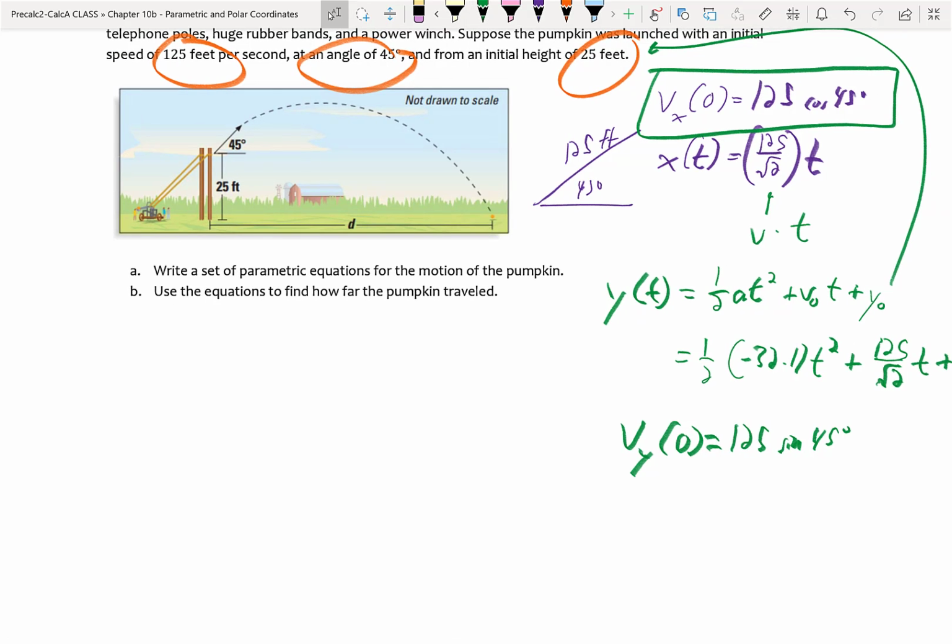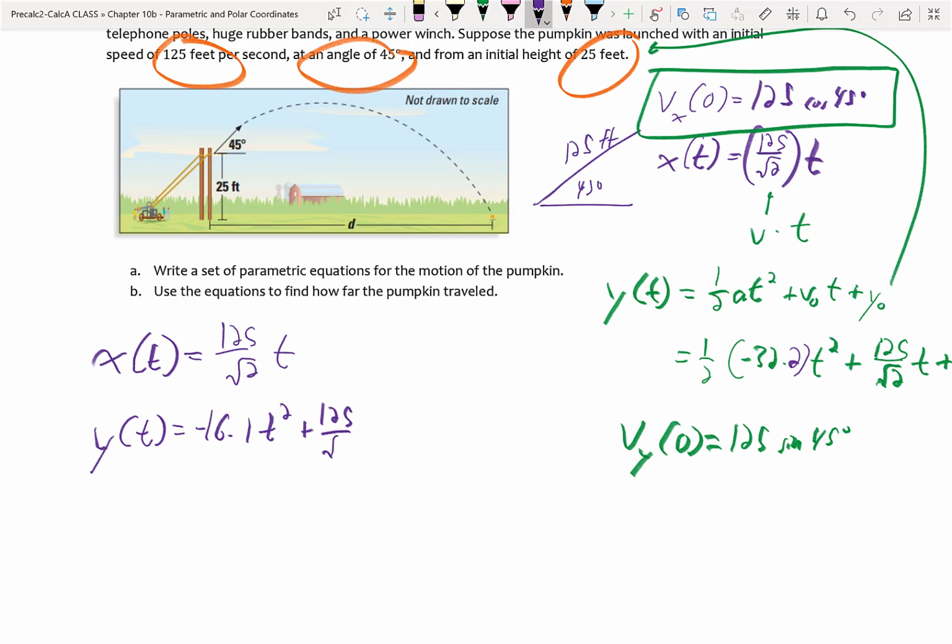So to sum this up, and I'm going to kind of simplify this over here, x of t could be 125 over root 2 times t, and y of t is negative 16 point, sorry, this would be 32.2, so negative 16.1 t squared plus 125 over root 2 t plus 25.